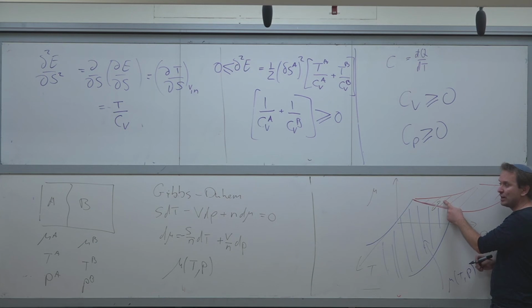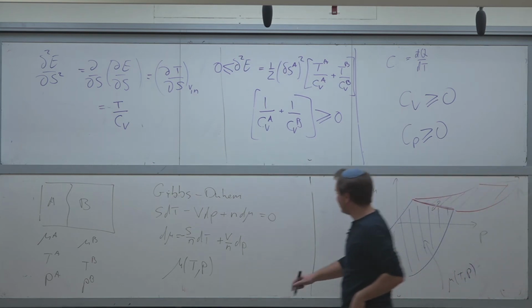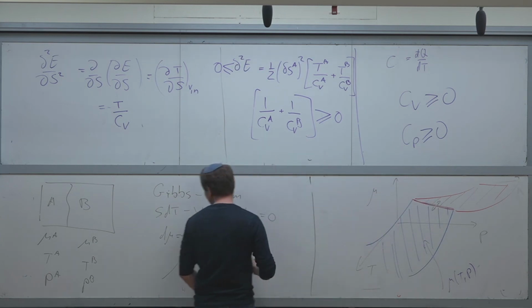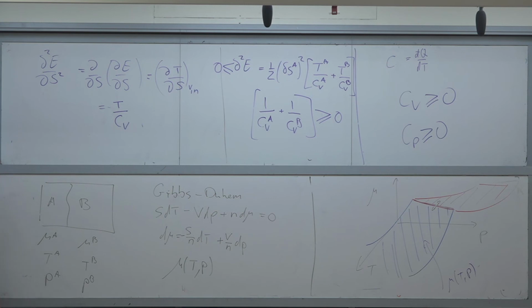But what happens is that the derivatives of mu are discontinuous, right? So I'm changing the temperature a little bit, the system is stable, nothing really happens. I'm going from this point on my hypersurface to that point on my hypersurface. Mu is continuous. But the derivatives of mu, if I'm performing this change, are going to jump.